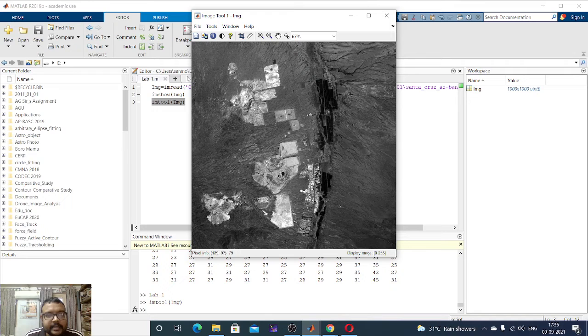So here you get another window. Just below this region, you will get the pixel position.